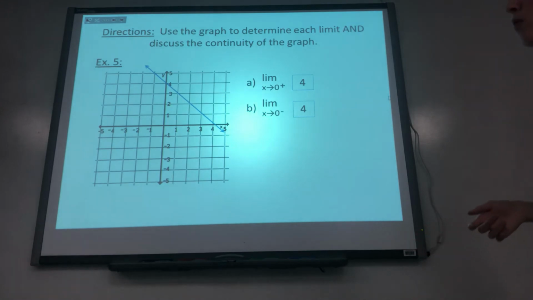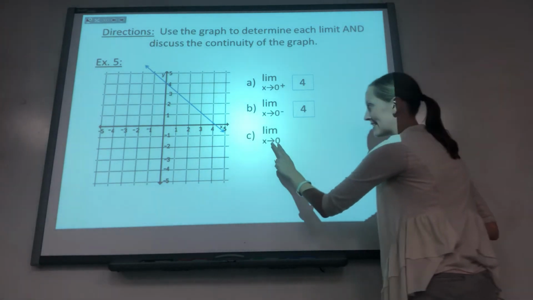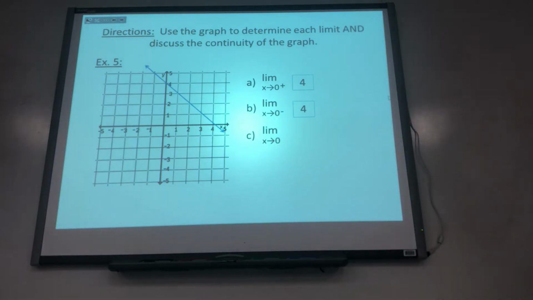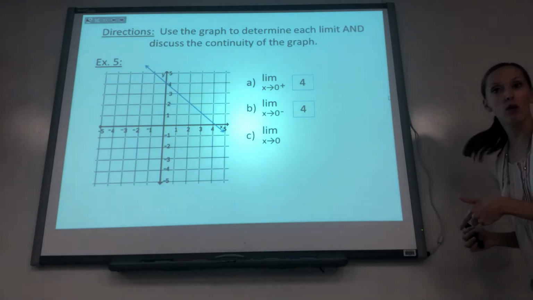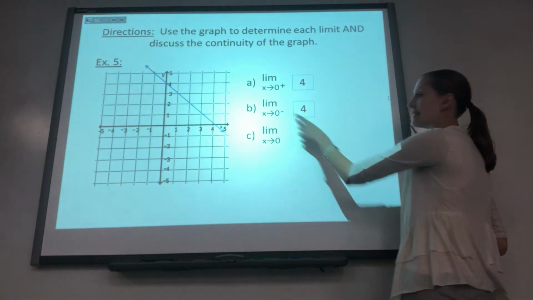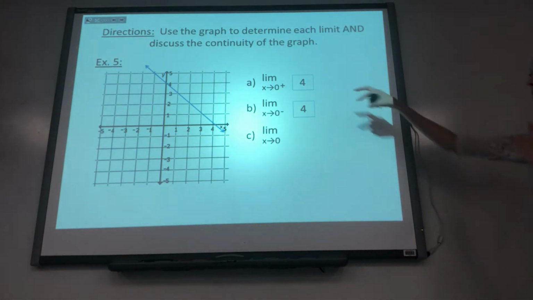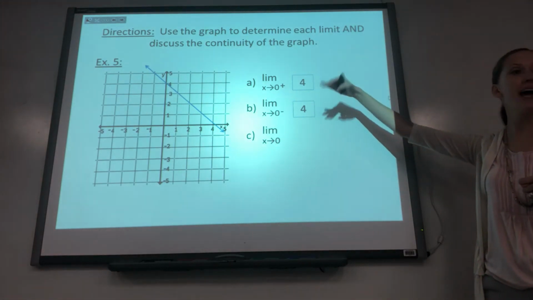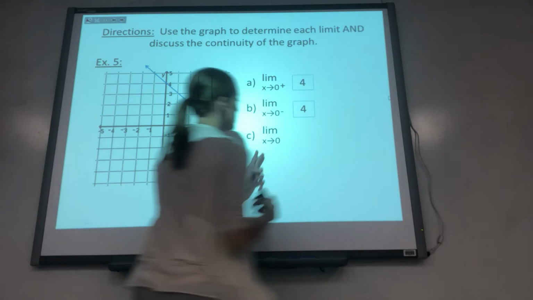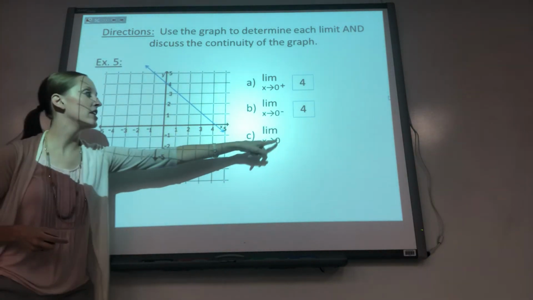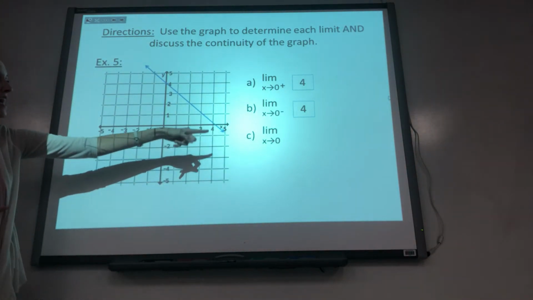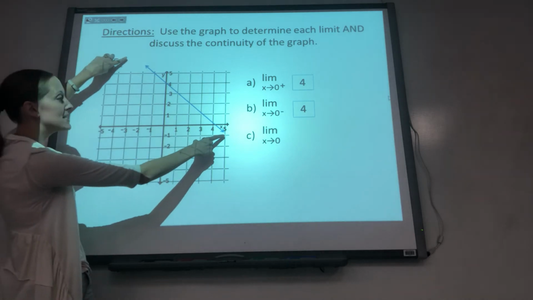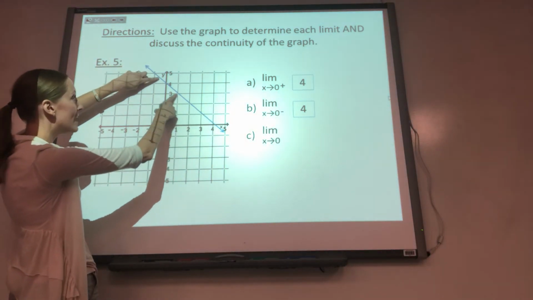Now, something that you'll want to pick up on is, here's part C. If the limit as x approaches 0 from the right equals the limit as x approaches 0 from the left, if you get back the same number from part A and part B, then when you do part C and there's no plus or minus, that means you have to go back to coming in from both sides.